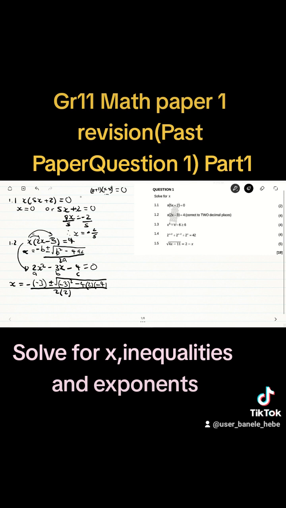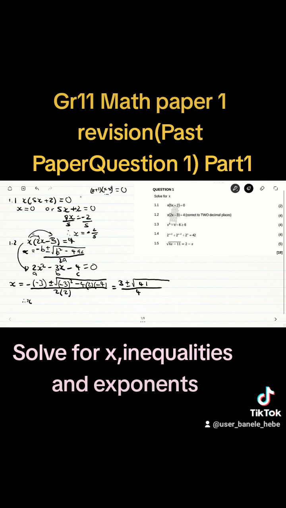When you use your calculator, let me break it down a bit. This is going to be positive 3 plus minus the square root of 9 plus 32, which is 41, over 4.